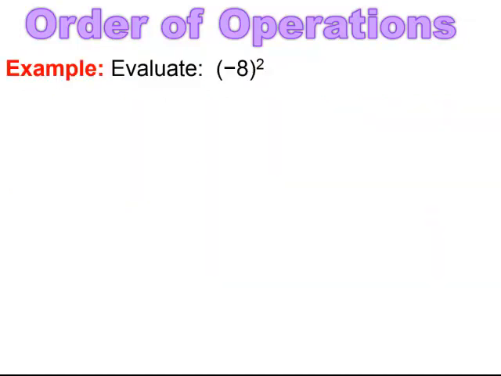So let's do an example here. When we're doing evaluation and we have parentheses around a negative number and it's raised to a power, what that means is that whole thing gets multiplied to itself that many times. In this case, I have a square.